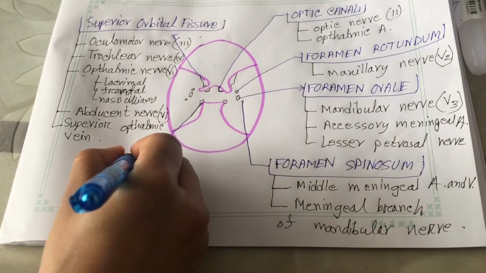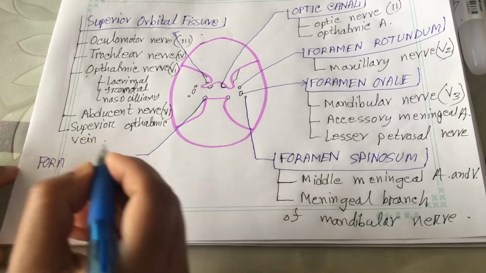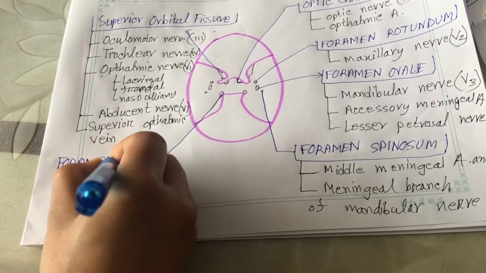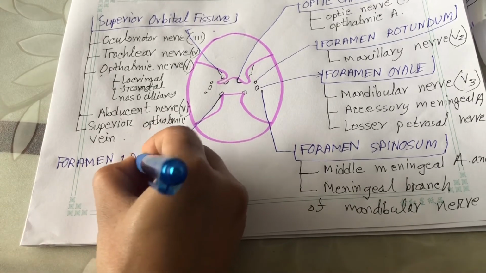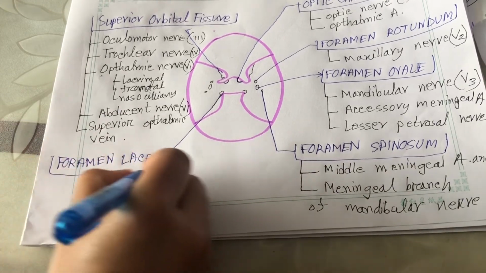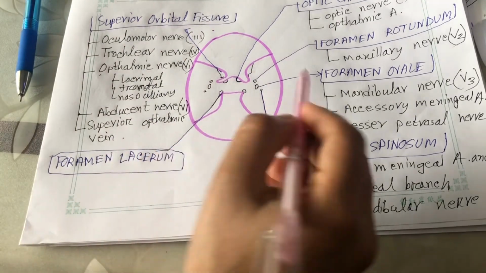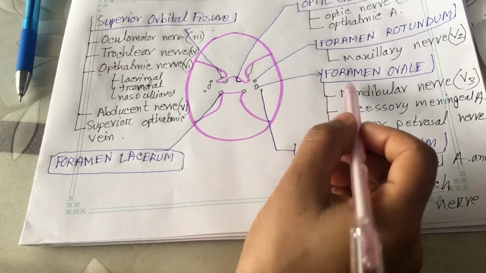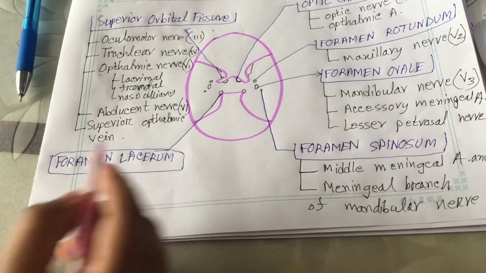And the last one is foramen lacerum. Now we can see here lesser petrosal nerve passes through the foramen ovale. So what about greater petrosal nerve?